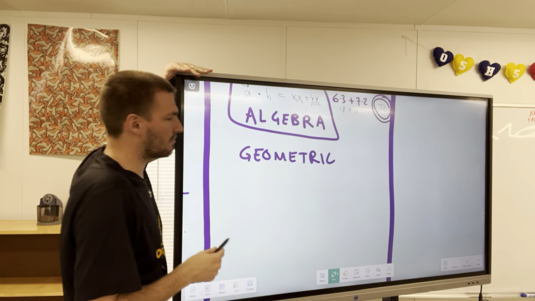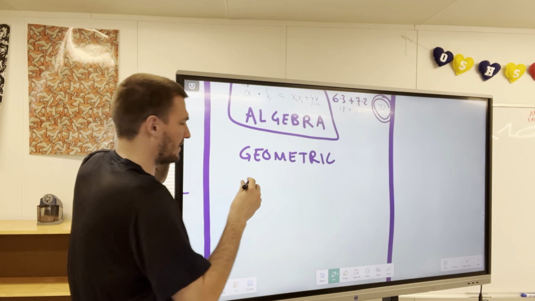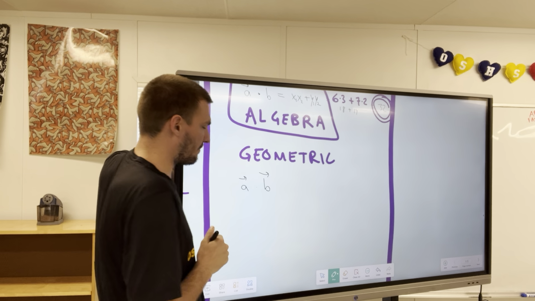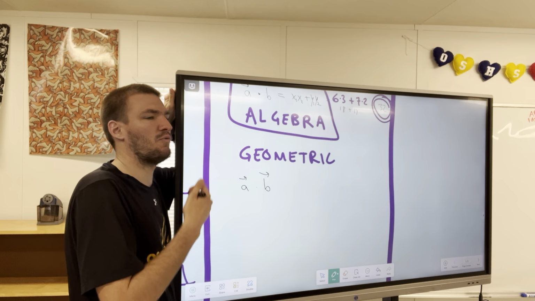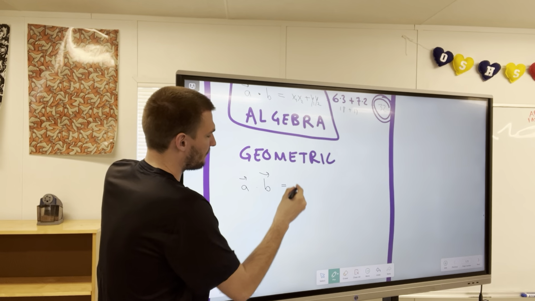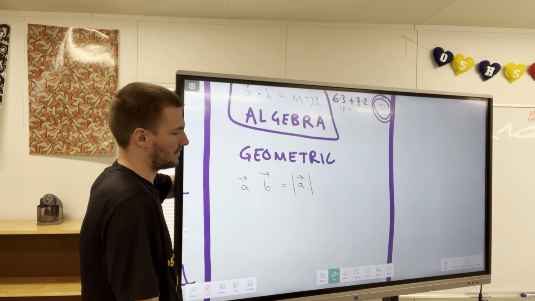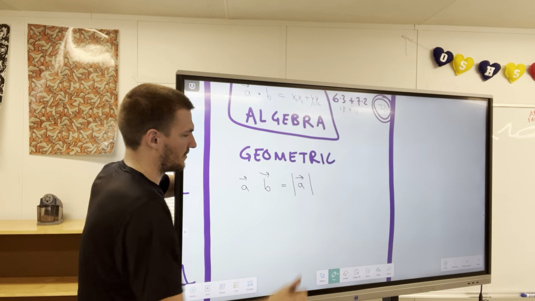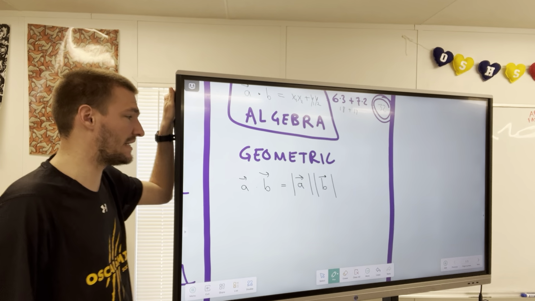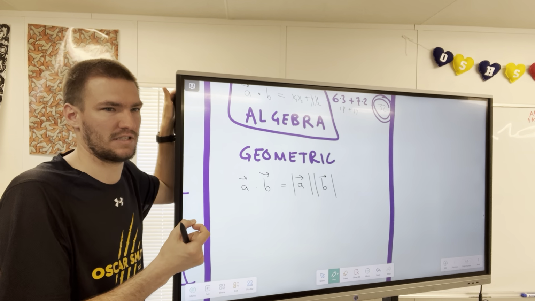The geometric formula: if we just have A dot B, and we don't know what the X and Y dimensions of A are, it's going to be the magnitude of A, the magnitude of B, multiplied together in that traditional sense.